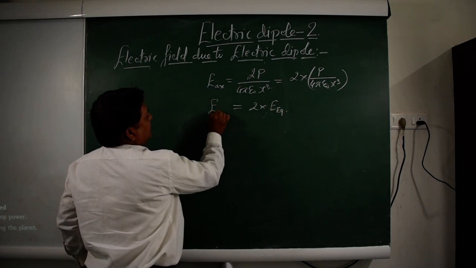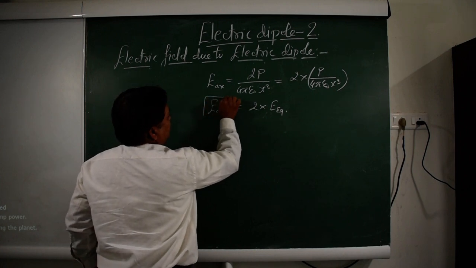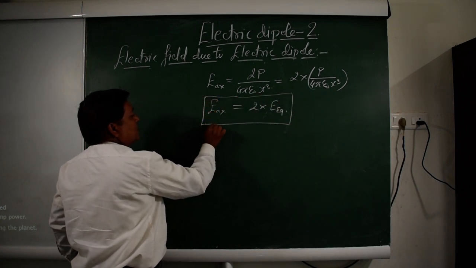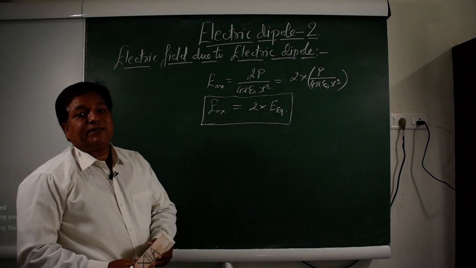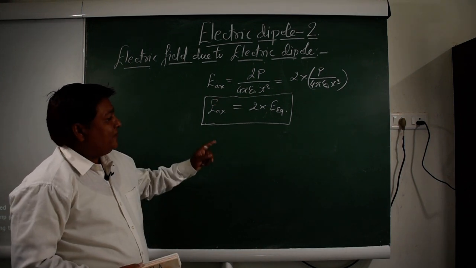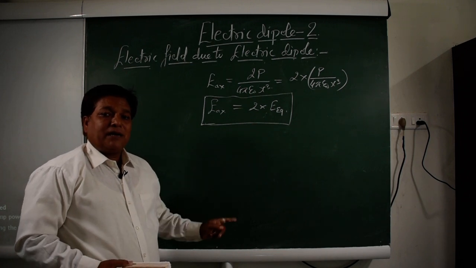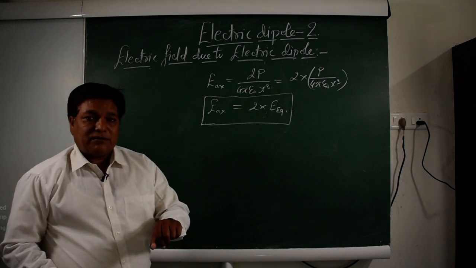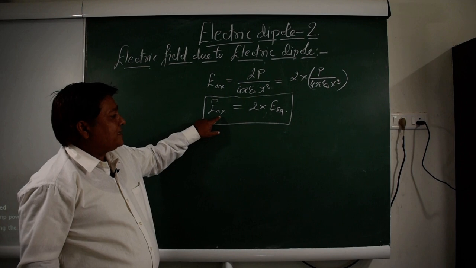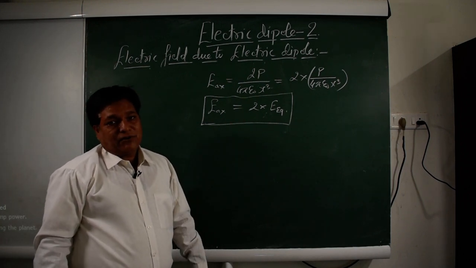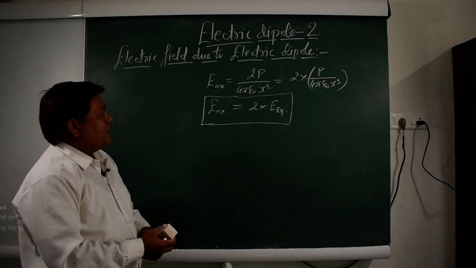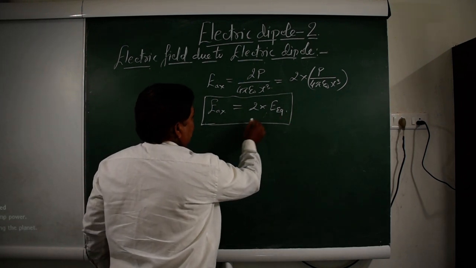It means the electric field on its axial position is twice the electric field on its equatorial position. So which is stronger? The electric field on its axial position will be stronger than the electric field on its equatorial position. Please note this down.